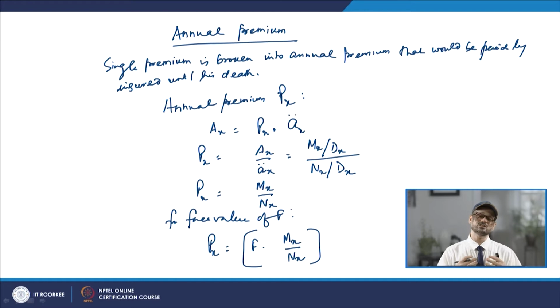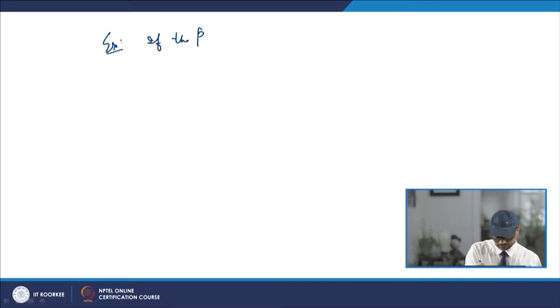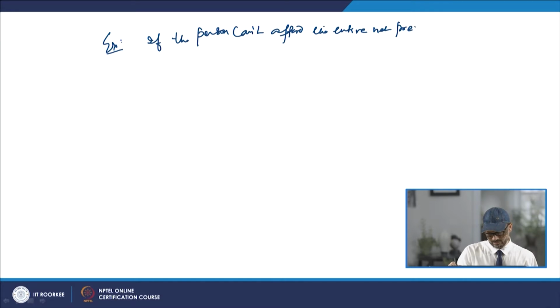Now, in this case, if he is willing to go for the annual premium, how much should he pay? Suppose the person can't afford the entire net premium in one payment.